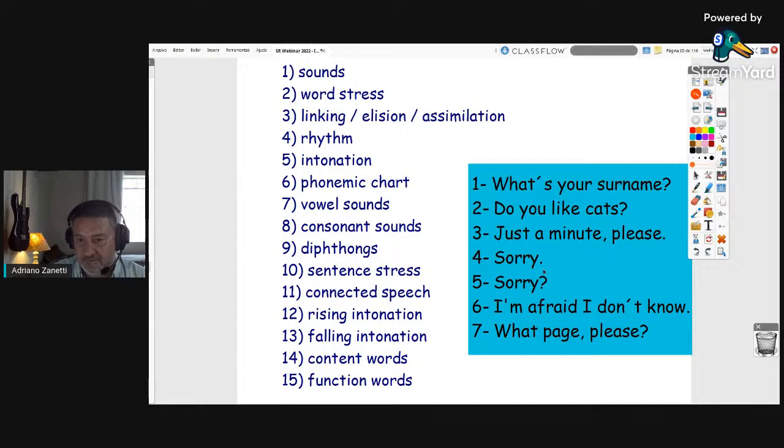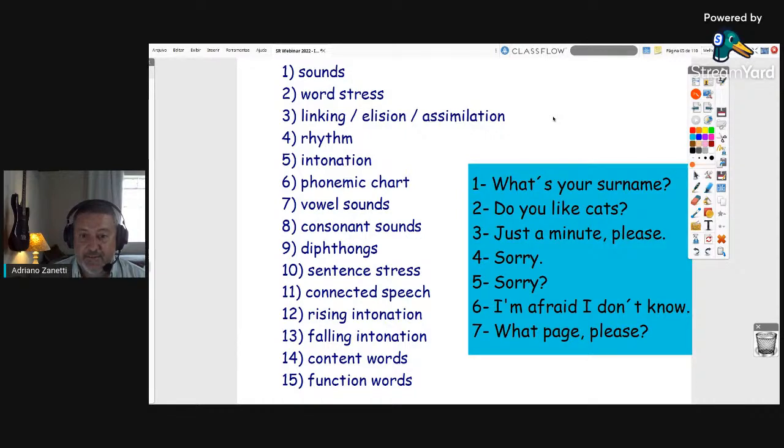Sorry being apologetic. Sorry for not understanding. So there is a function of "sorry" and "sorry". Look at linking: I'm afraid I don't know. I'm afraid I. Linking, elision, assimilation. You see, seven simple daily phrases used in the classroom lend themselves to a whole bunch of pronunciation work.